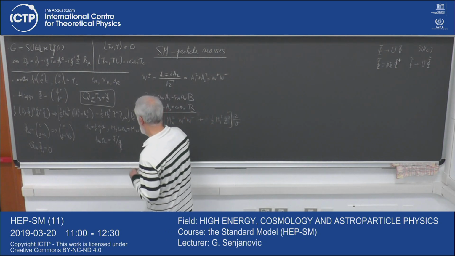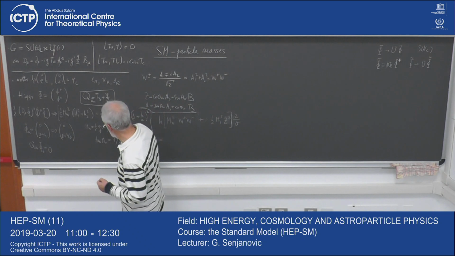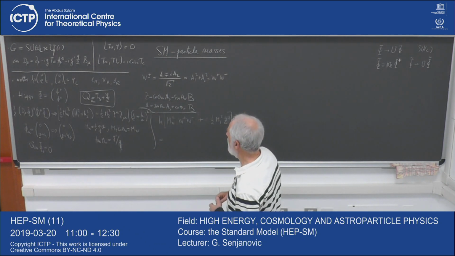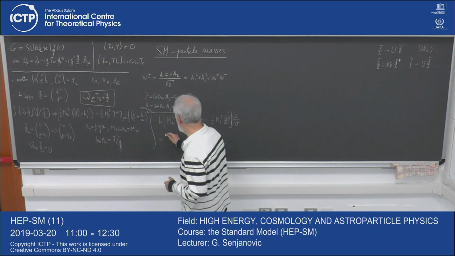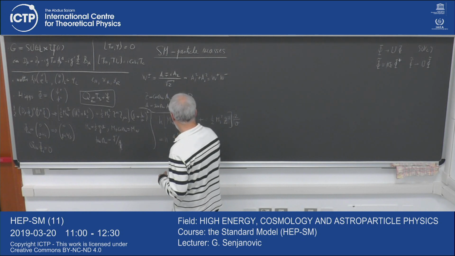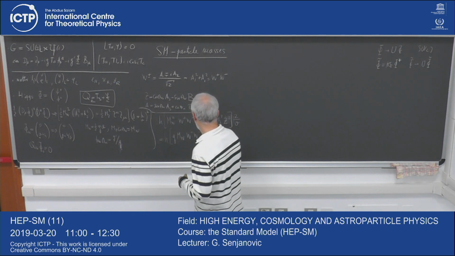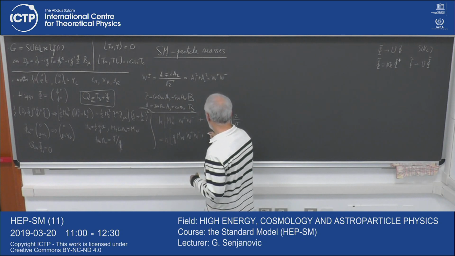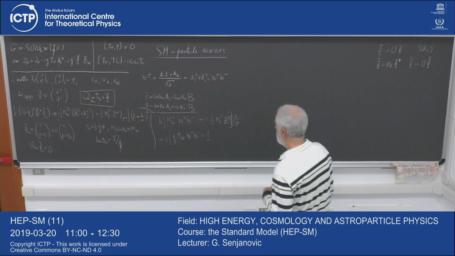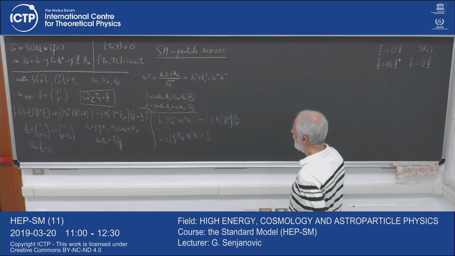So what is this? I should read off here. v, I know what it is. 2 over v is g over m_W. So I will get H, g, m_W, W plus W minus. I will have 1/2. Am I right? Yes, I think it stays there.